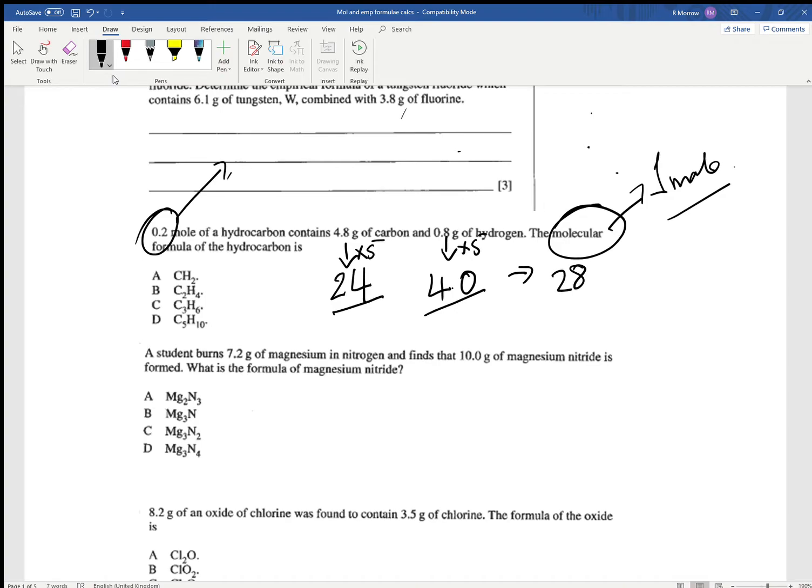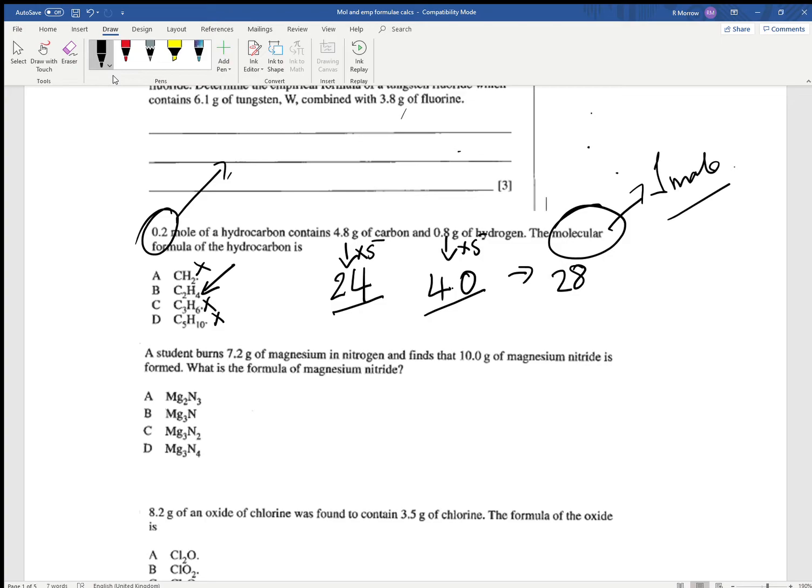So I can go over here and check if any of these are 28. Well, that's not 28, that's not 28, that's not 28. So there you go. B is actually your answer without me having to do any of the working out that you would normally associate with an empirical or molecular formula.